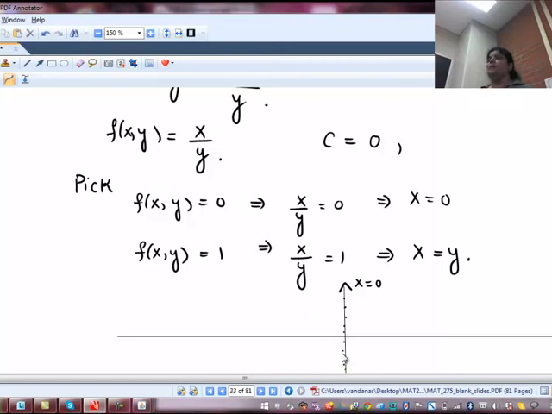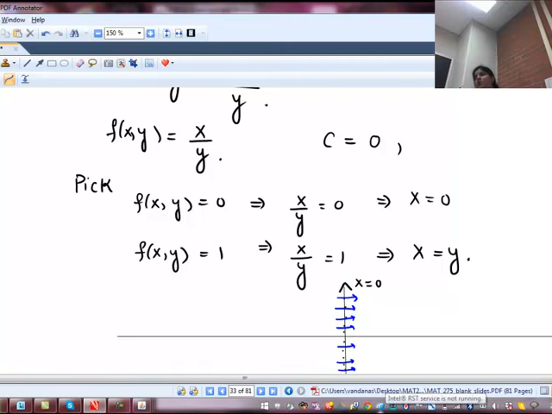So the line passing through every point and having a slope 0 will look like this, right? Agree? So I don't have to compute the slope at every point.